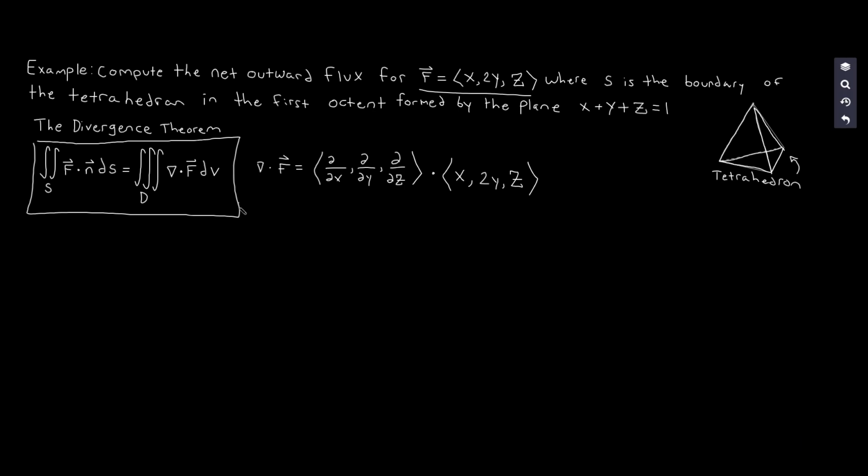That's the same thing as the partial derivative of x with respect to x, plus the partial derivative of 2y with respect to y, plus the partial derivative of z with respect to z.